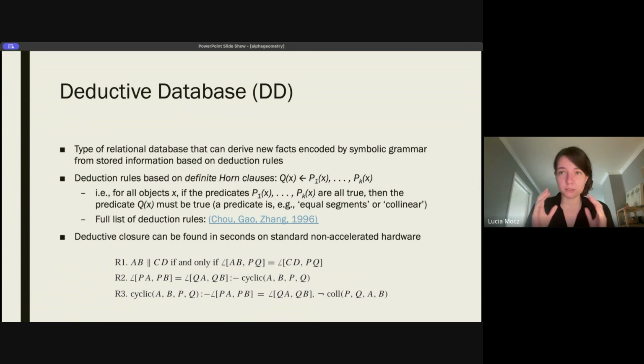Let me delve a little more into what this deductive closure is so that we understand the complexity of what that means. When you have a list of K predicates, let's take K to be 3 so that we can make this very explicit, the conclusions you get are not just those derived from every single one of the statements P1, P2, P3 necessarily being used, but from all subsets of them as well.